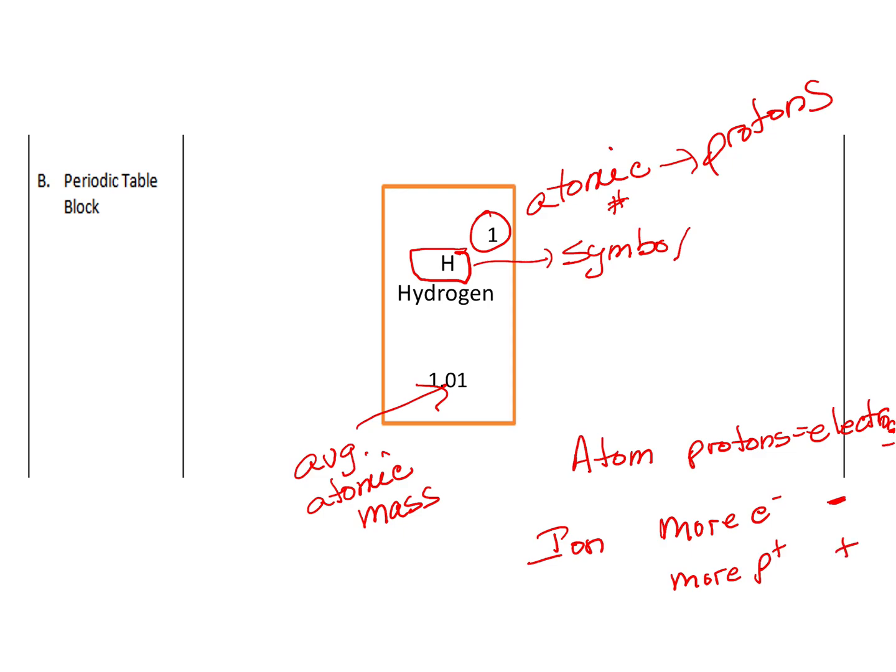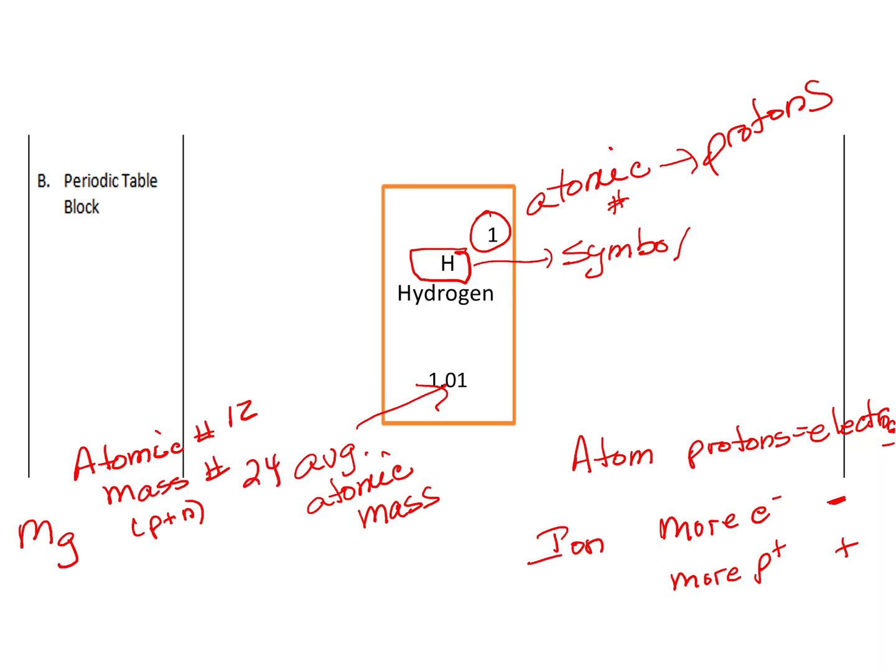For example, let's say we have magnesium. Your atomic number for magnesium is 12, and your mass number, which is your number of protons plus neutrons, or the number of particles that have mass, is 24.